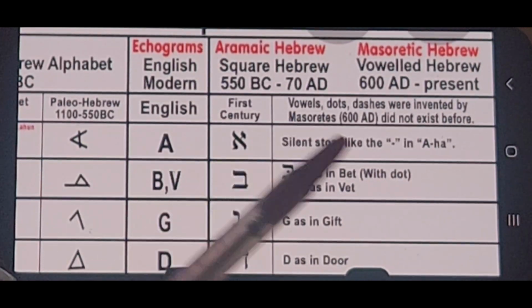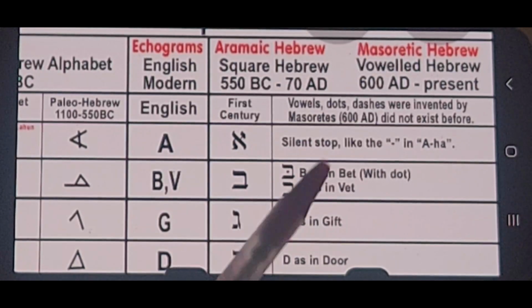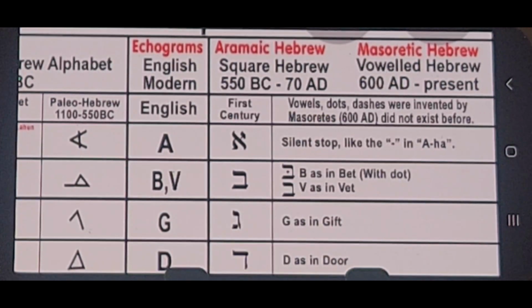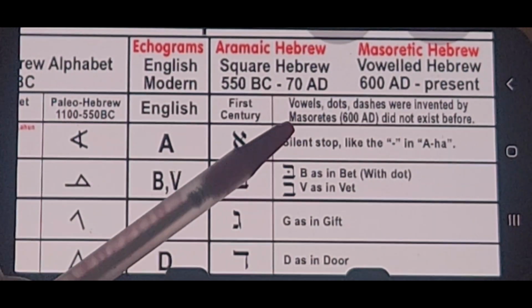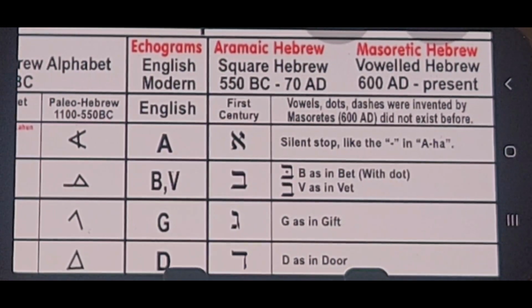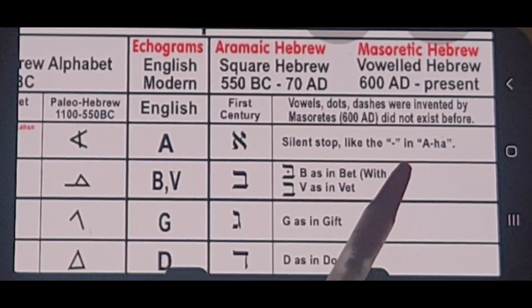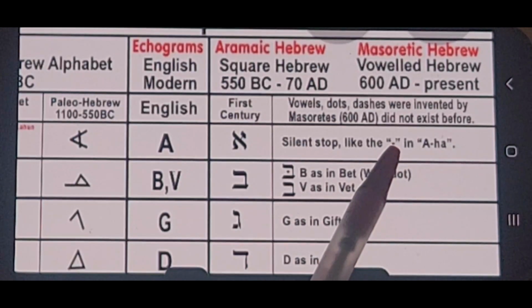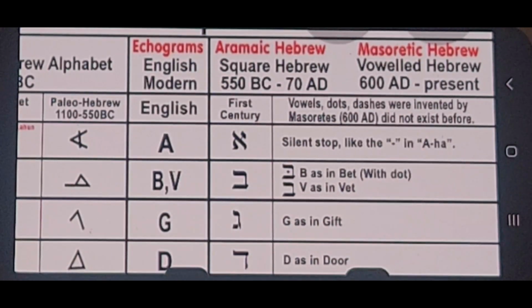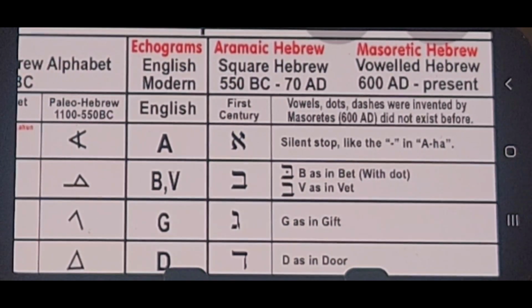We are using these sounds for the letters. It says here that Aleph is generally silent, but we find that in the word Elohim it has a sound, almost like an E. It says here that it's like the space in aha, so there's an empty space in that word aha.